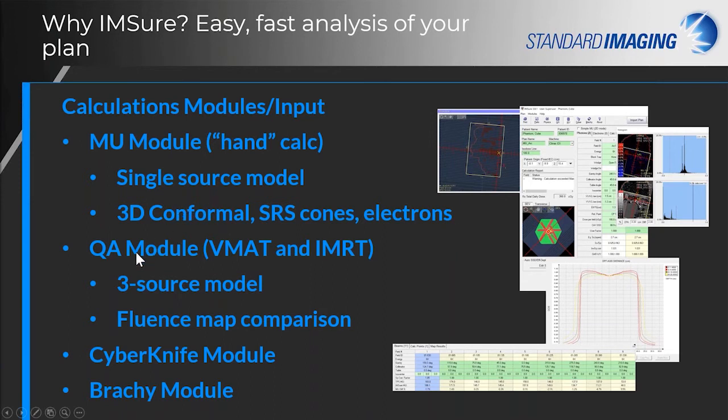The QA module is geared toward a 2D plan QA, which you'd want to use with, for example, VMAT and IMRT. It's based on a 3-source model and generates Fluence map comparisons, as well as point dose comparisons. The CyberKnife module, and then the 4th module is the Brachytherapy source model.